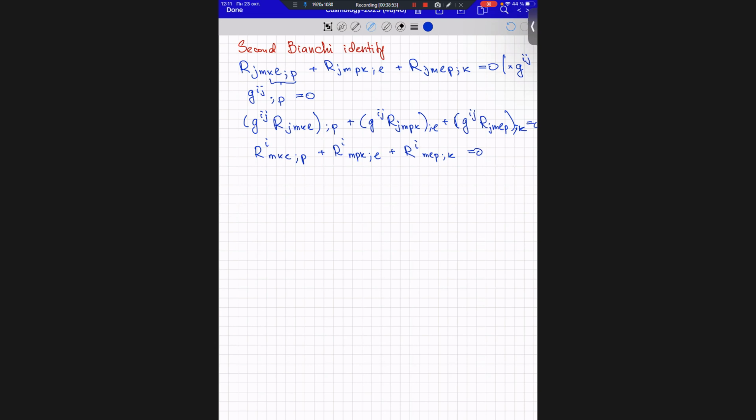Now I will make an operation of swapping. I will see whether I can make this operation of swapping for some of the summands.